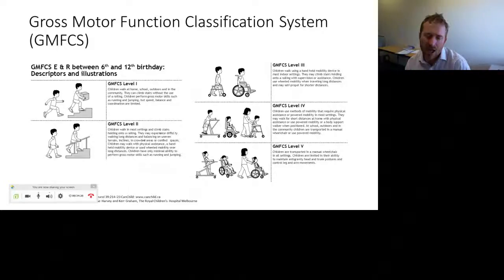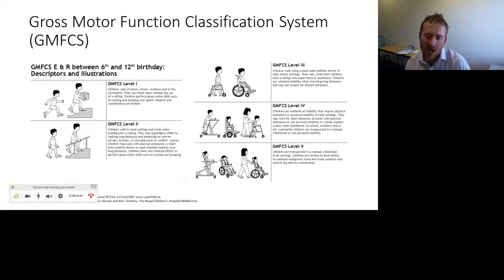participate fully. Children with GMFCS 3 don't walk for any substantial distance without a mobility device. They often walk with a mobility aid, commonly a posterior walker, in most indoor settings, and then often use a manual wheelchair, either self-propelled or attendant-propelled, for longer distances. Children with more severe mobility impairment, so GMFCS level 4 and 5, often use wheeled mobility as their primary mode of mobility.